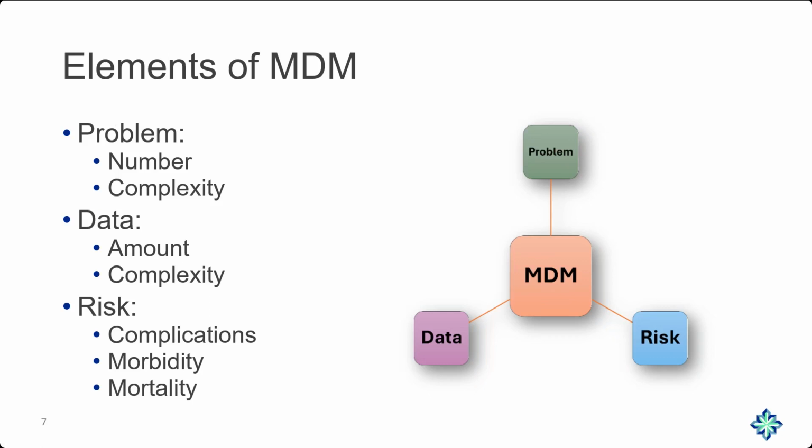So with risk, what we're looking at is going to be the risk of complications, morbidity, or mortality to that patient of their conditions, but also their care plan, the treatment plan, what's happening with that patient. So it's going to be unique per encounter. It's going to be unique per patient.